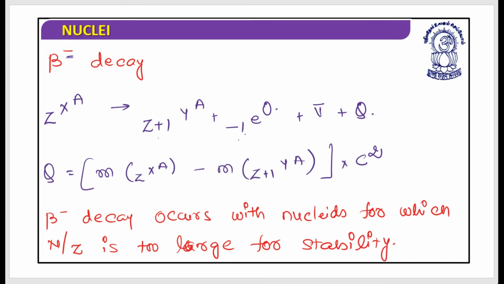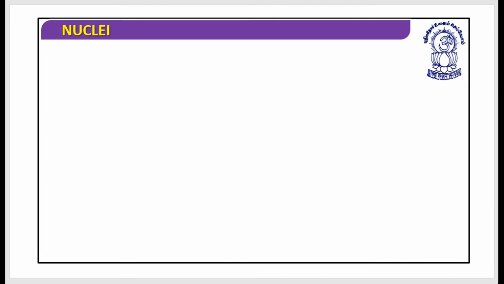So beta minus decay occurs with nuclides for which N by Z is too large for stability. Please do remember this. Now let's discuss what would be the situation with beta plus decay.